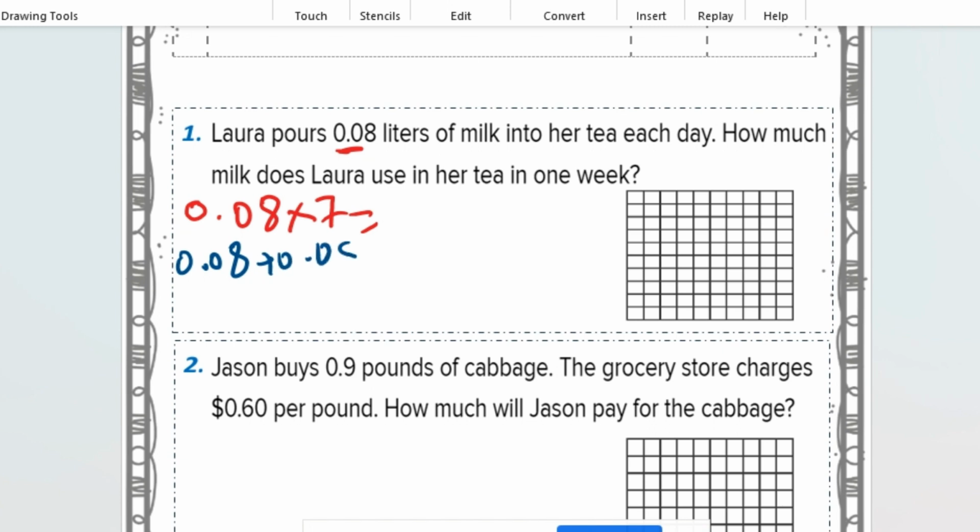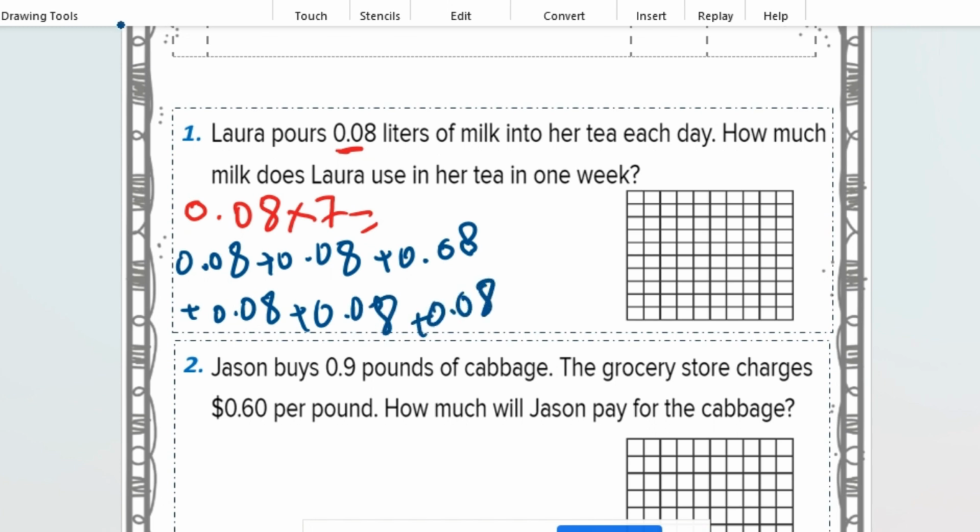Yes, it should be 0.08 plus 0.08 plus 0.08 plus 0.08 plus 0.08 plus 0.08 plus 0.08, 7 times.